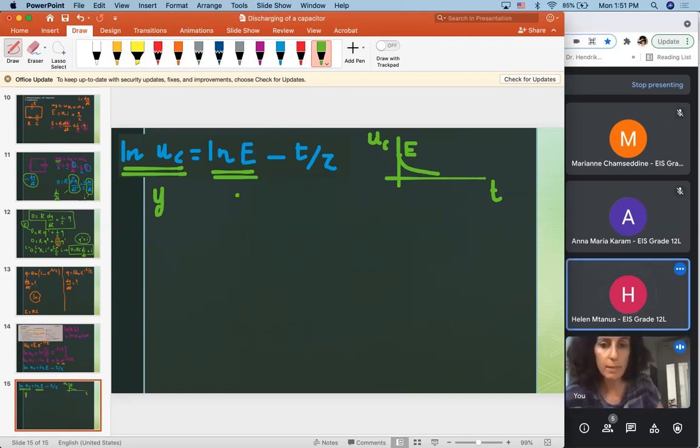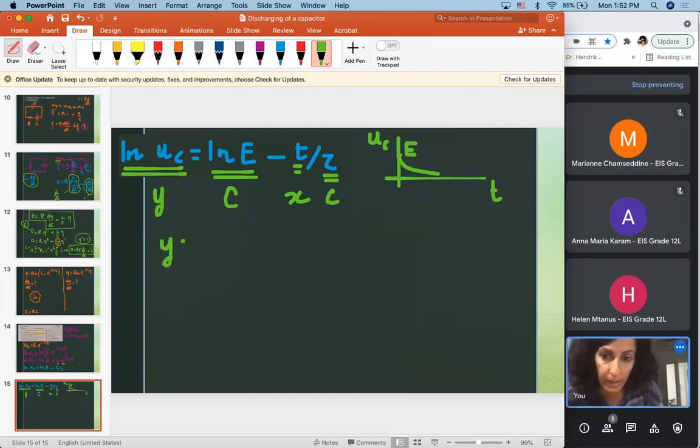Yes, I'll call it constant. Is t a variable or a constant? Variable. It's a variable, I'll call it X. 1 over tau: tau is a constant because R times C gives 10 seconds, called the time constant of the circuit. It's another constant. So this becomes Y equals AX plus B.